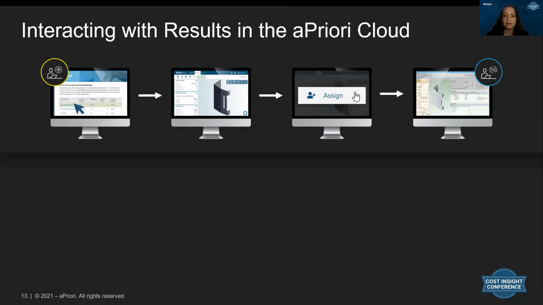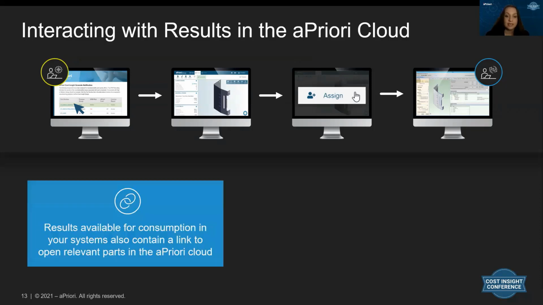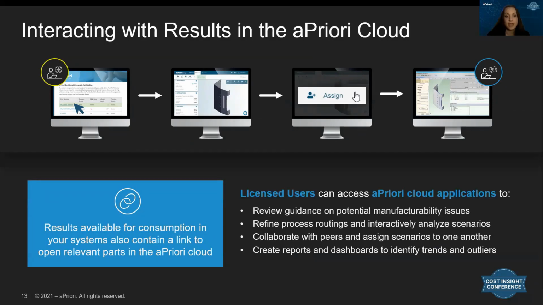Now, we've talked about authoring results to your systems, writing to PLM, and proactively notifying design engineers. These automated analysis results are tremendously powerful. Email and report attachments all contain part links that allow a design engineer to open the reference component in Cost Insight Design in a single click. And following the link to the aPriori cloud adds context, clarity, and capability.